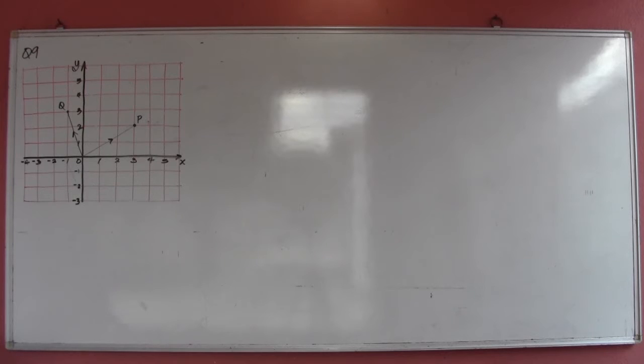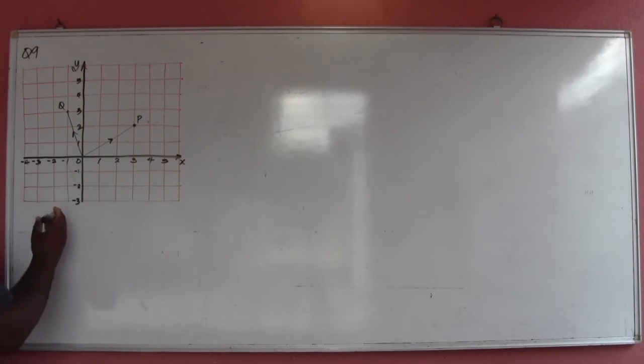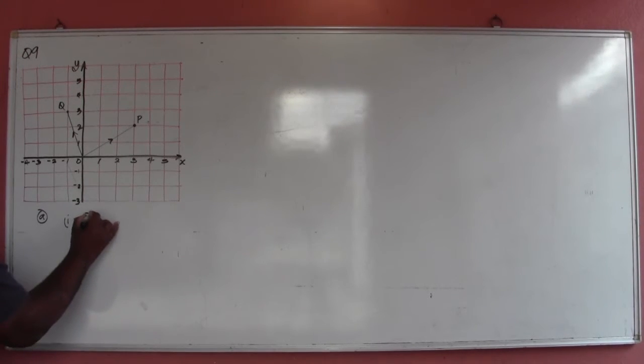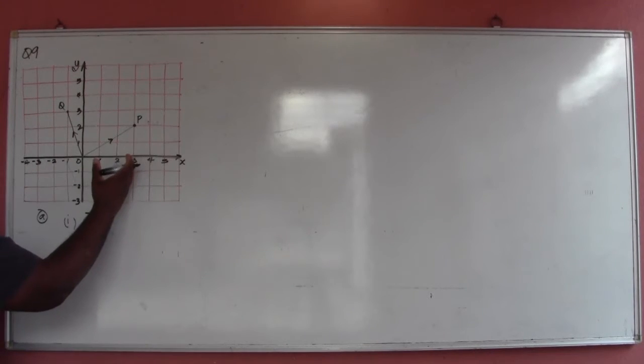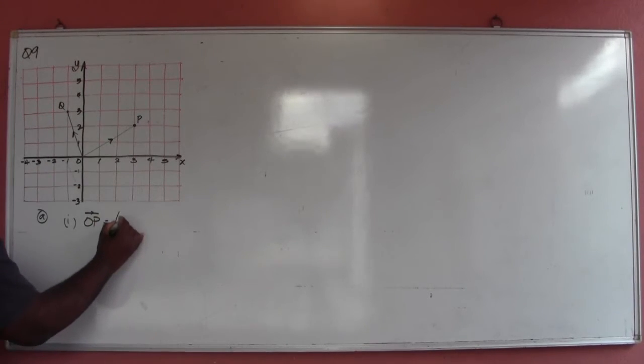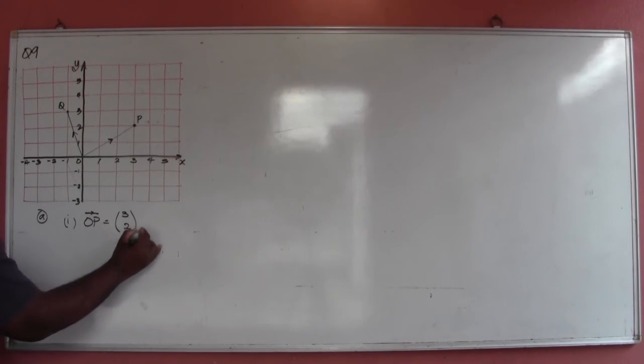For part A, we're asked to write OP as a column vector in the form (x, y). So what is OP? In moving from O to P, I'd have to move 3 right and 2 up. So this is (3, 2).